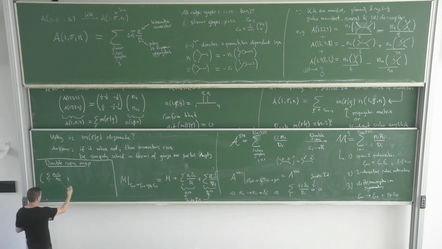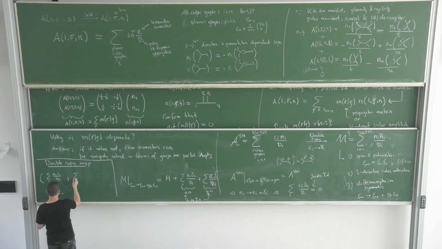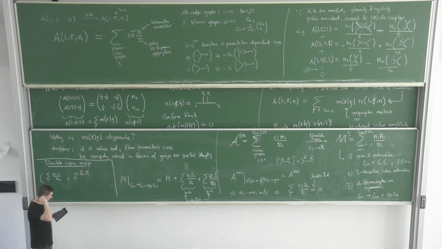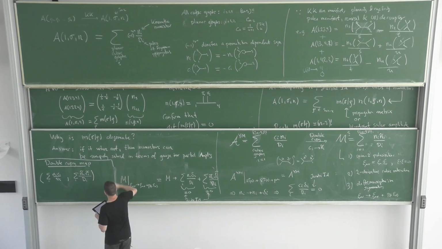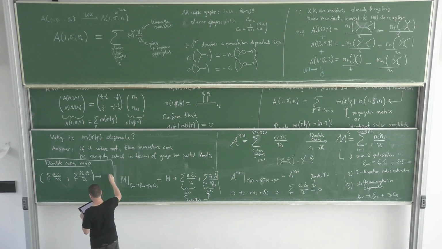So we have a pair of amplitudes, n_i tilde, and now let me also put a tilde on the color factor. It doesn't really matter. The color factor could be different as long as the Jacobi relations are the same, which they have to be if this comes from a Lie algebra. So we have a pair of amplitudes, and the map is simply to strip off the color factors and write down the product of the numerators. Right, this is my map.